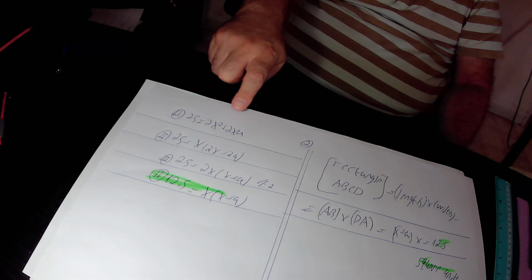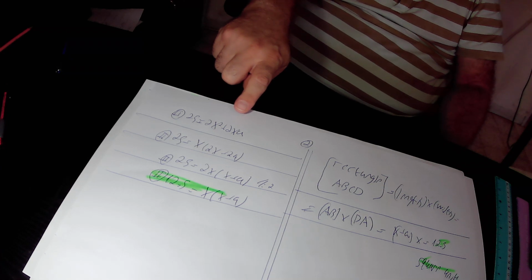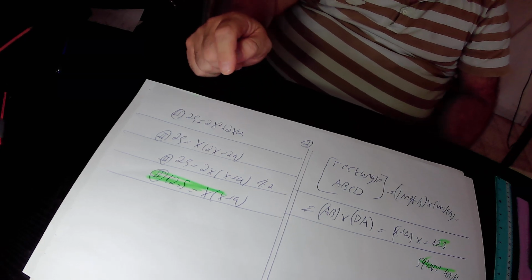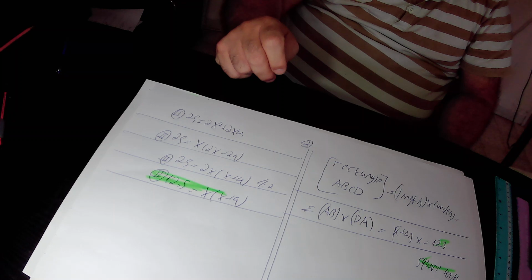And if we take a common factor x from those two expressions, inside the brackets we will have x plus a. So in total we found out that 12.5 equals x times (x plus a). This is according to equation 2.